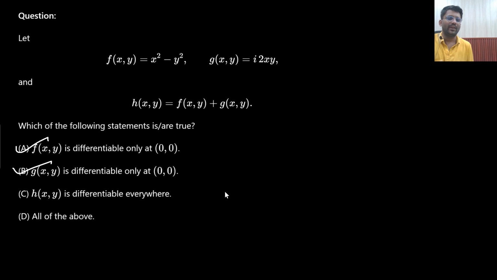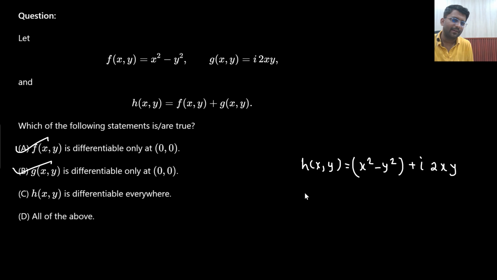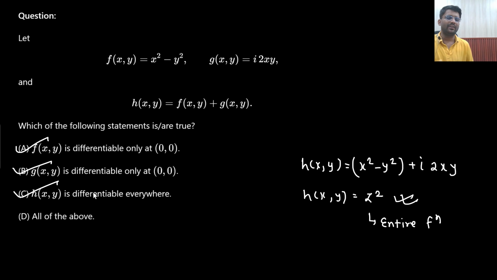What about h of x, y? Your h of x, y will turn out to be x square minus y square plus iota 2xy. If you have good knowledge, then it is z square only. Is it differentiable everywhere? Yes, sir, it is an entire function. That means it is differentiable everywhere.